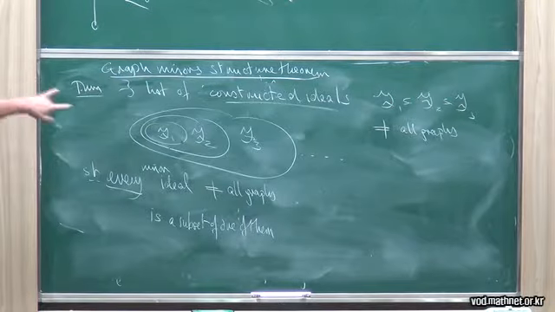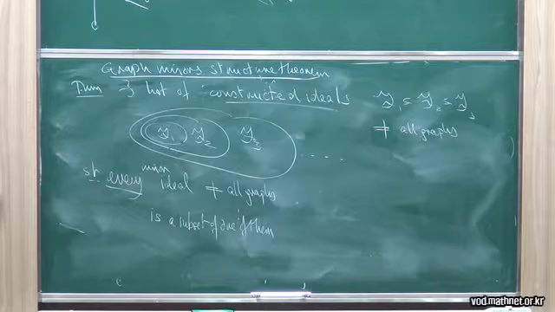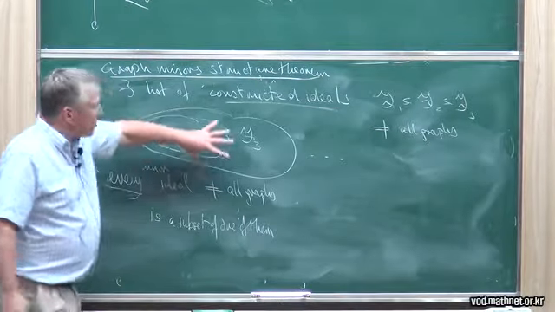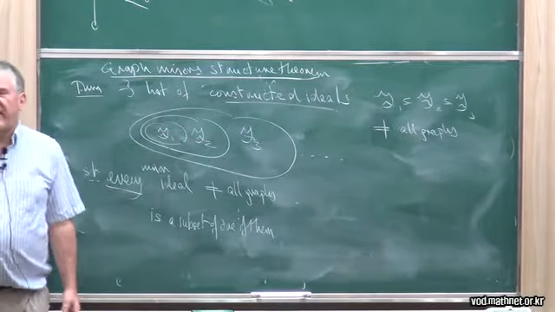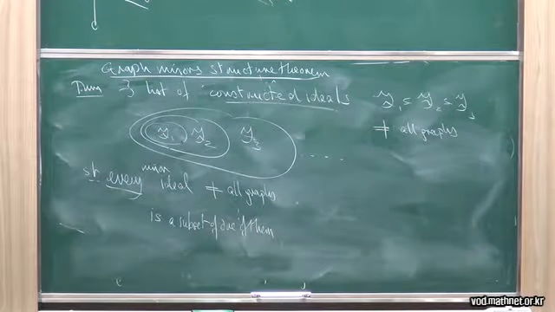This theorem for minors had all kinds of nice consequences. If you could do it for induced subgraphs, it would also have nice consequences, but it's just not done. I think that's the most important question for induced subgraphs: can you get a sequence of constructed ideals like this so that every ideal is contained in one of them?